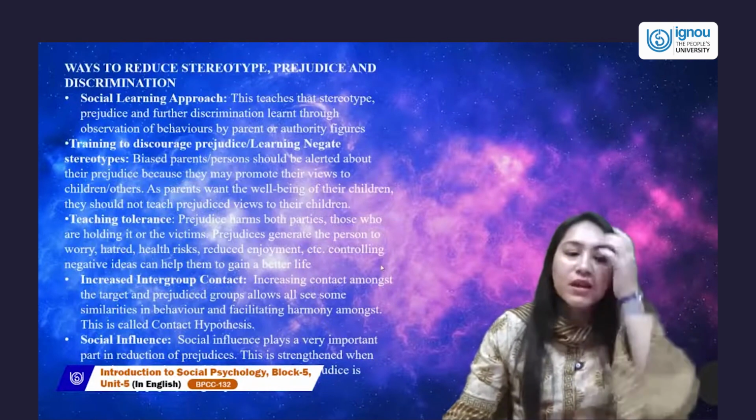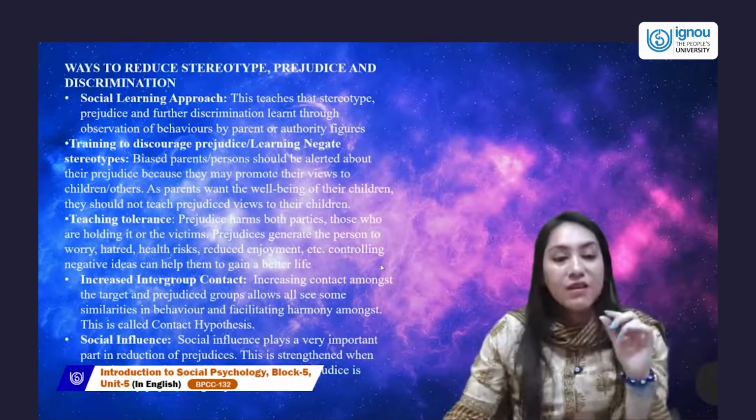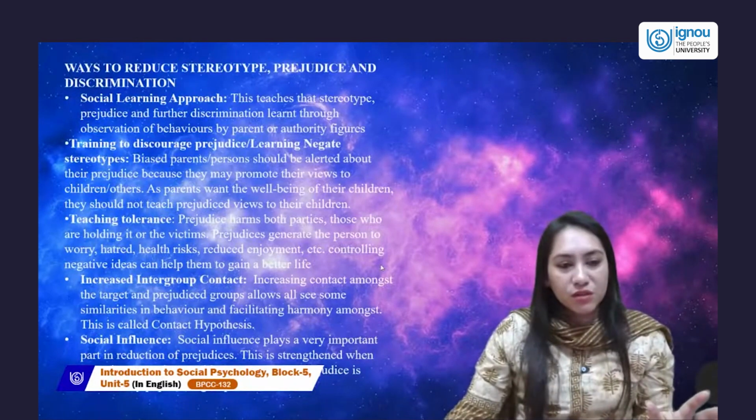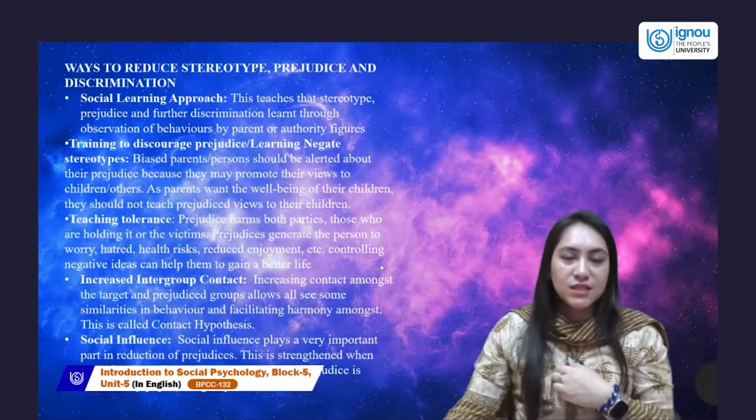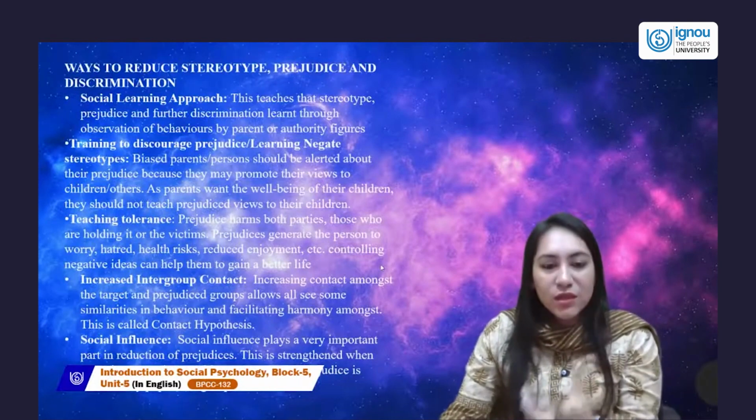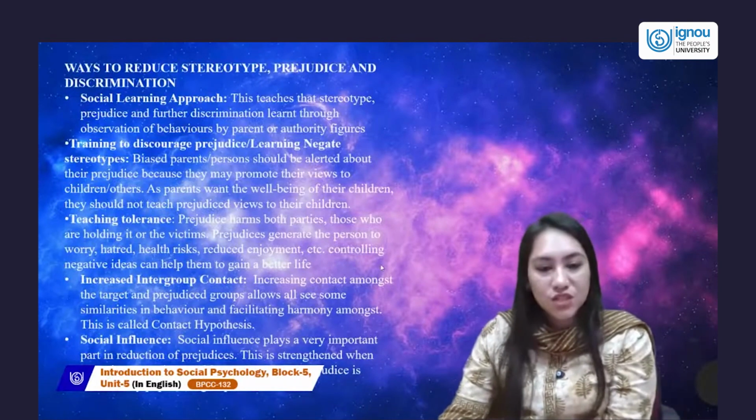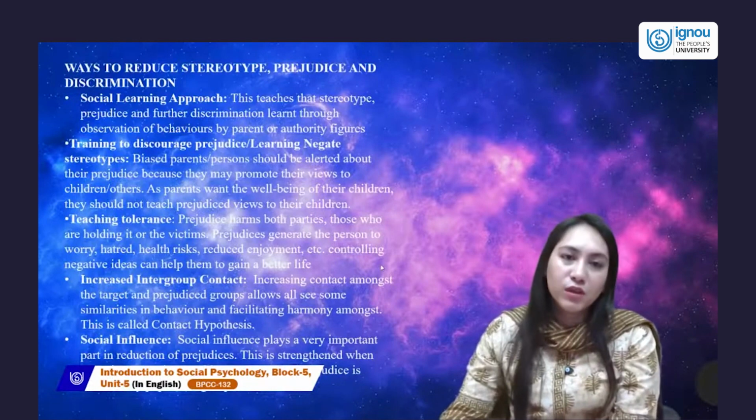Then we move to social influence. Social influence is a very important part of reducing prejudice in our society also. This strengthens when behaviors consistent with stereotypes and prejudices are endorsed by the popular group.